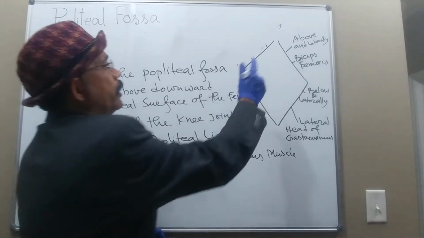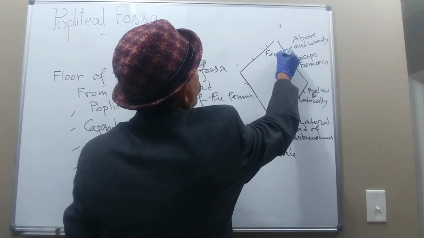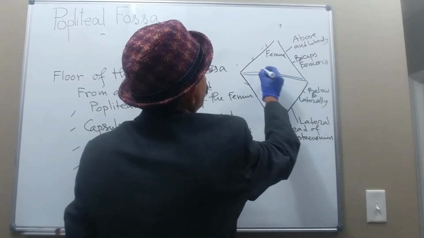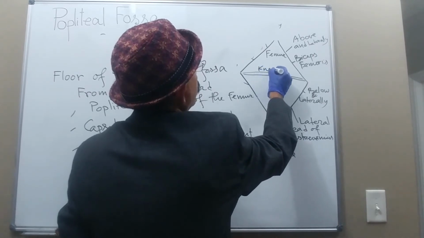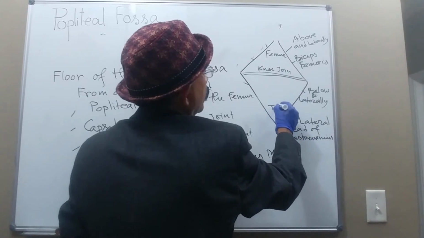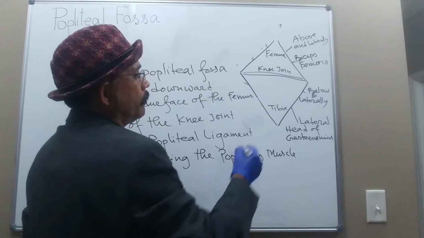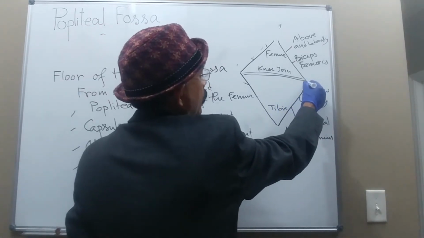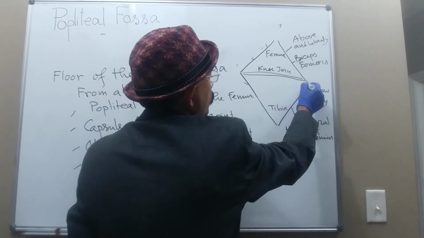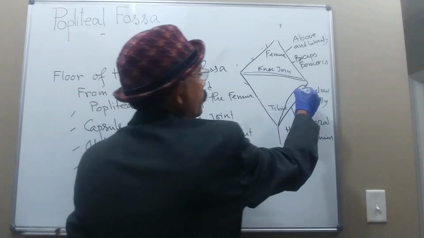Above, it is bounded by the femur here. Here is the knee joint. Here is the upper part of the back of the tibia, and we have the muscle here, the lateral head of the gastrocnemius, supplemented by the plantaris muscle.